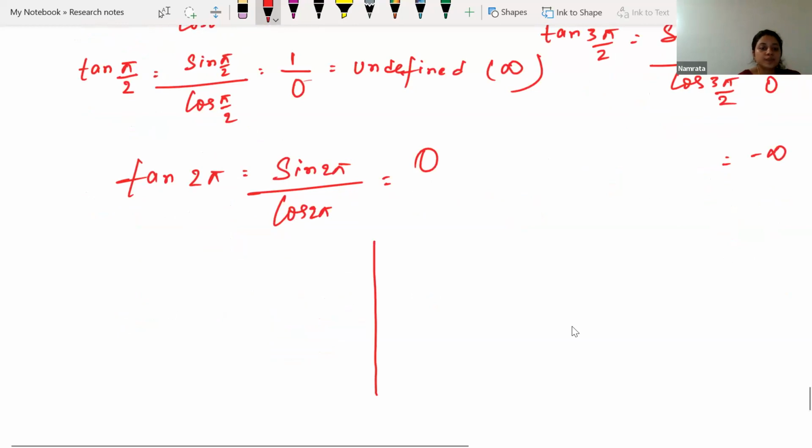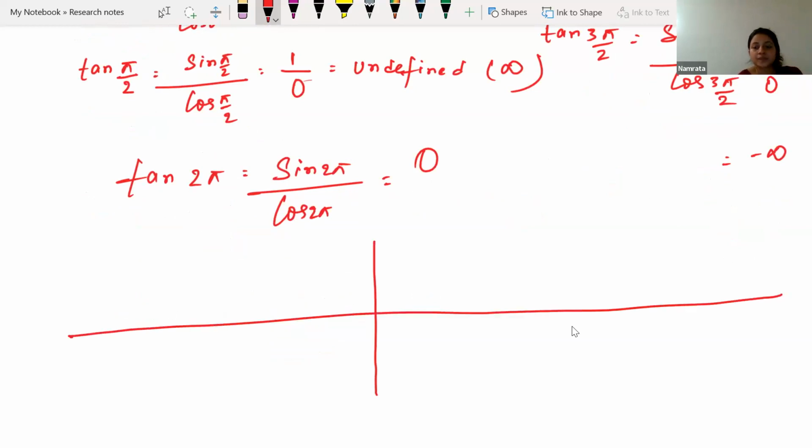So 0, pi by 2, pi, 3 pi by 2, and 2 pi. Similarly here minus pi by 2, minus pi, minus 3 pi by 2. After this class, just sit and draw the whole graph, write the domain, write the range, draw the whole graph by yourself without looking anywhere. Okay?